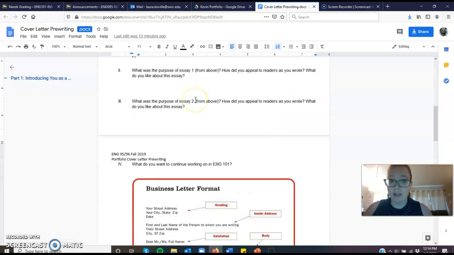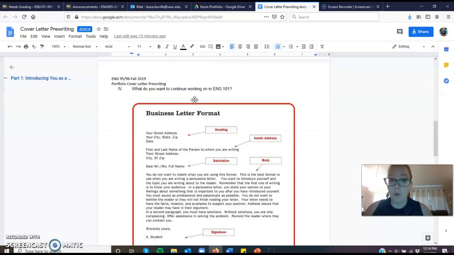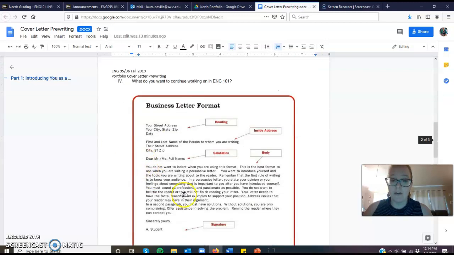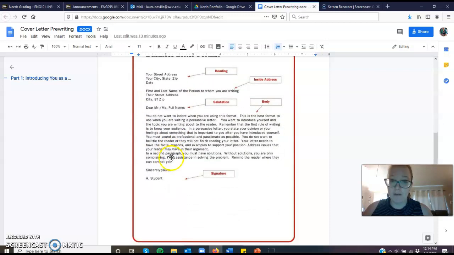And this is what I'm going to be looking at for your homework for this week. And then there's a little example of a letter format. So when you next week start working on putting this into your cover letter, you'll know what it should look like, okay? So make sure that you're doing your essay writing in here.